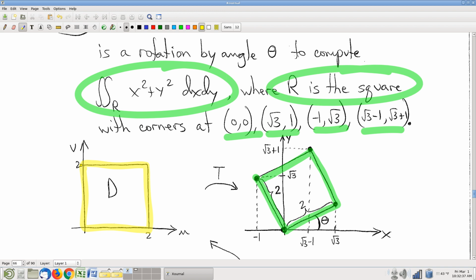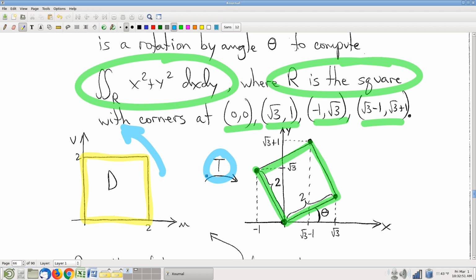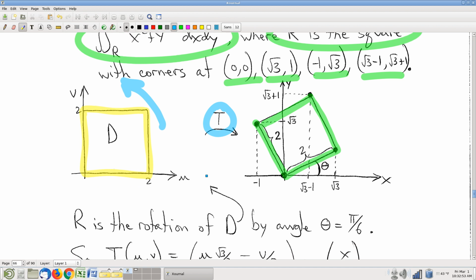I appeal to your geometric intuition, and it's going to be a rotation. So that's what this T change of variables function is going to be. It's just a rotation around the origin counterclockwise by some amount. You're going to have to do a little bit of geometry. Think about where these points are located. Flashback to high school trig. Think it through. It's not hard to persuade yourself that the angle is pi over 6.